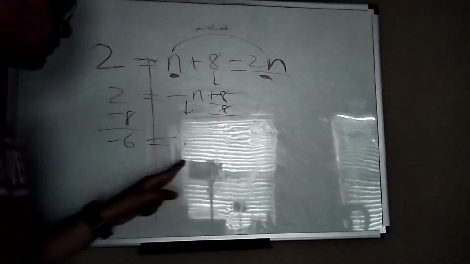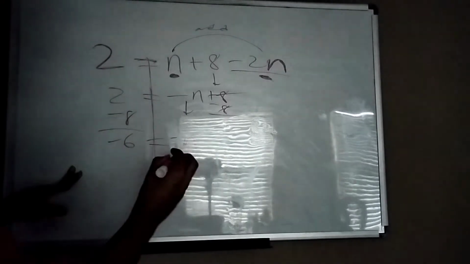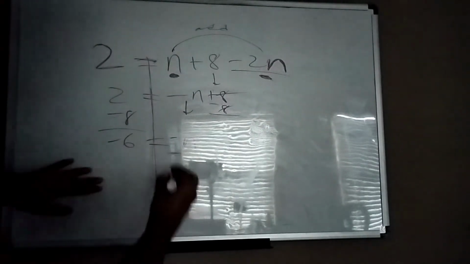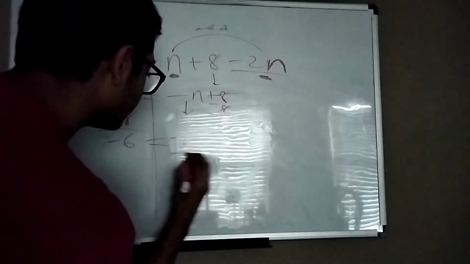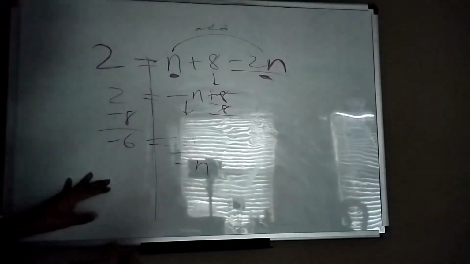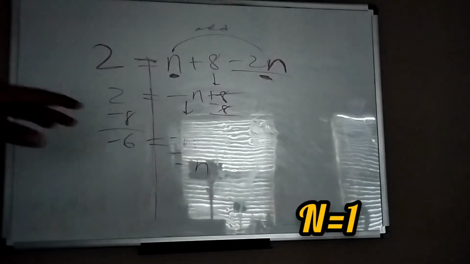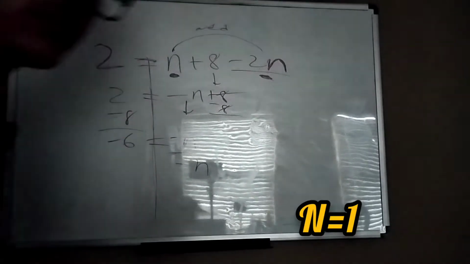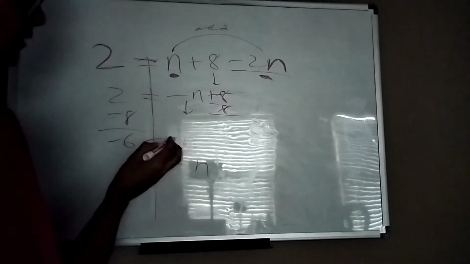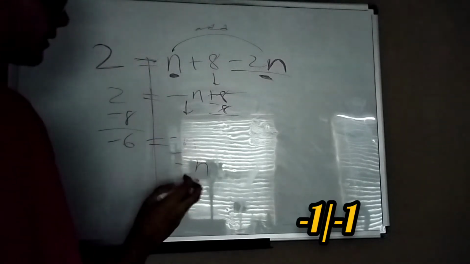So now once you got this one-step equation, basically what you have to do is divide it now. So the n equals a 1. This is basically saying negative 1 divided by negative 1.